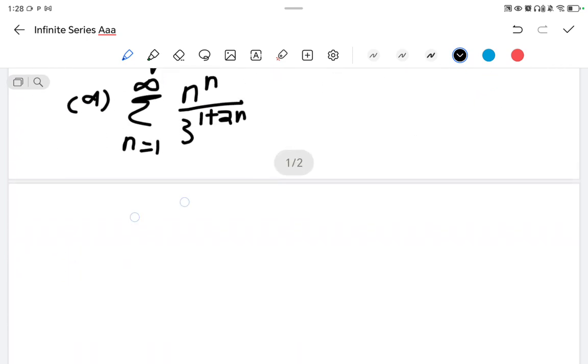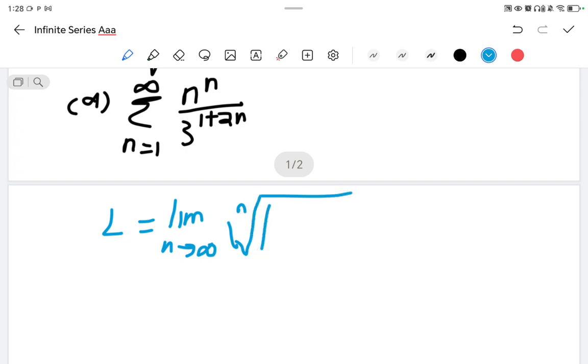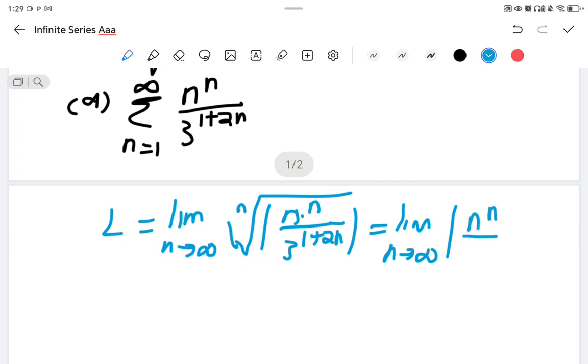We define L as equal to the limit as n approaches infinity of the absolute value of n to the n over 3 to the 1 plus 2n, and this is equal to the limit as n approaches infinity of n to the n over 3 to the 1 plus 2n, all raised to the power 1 over n.